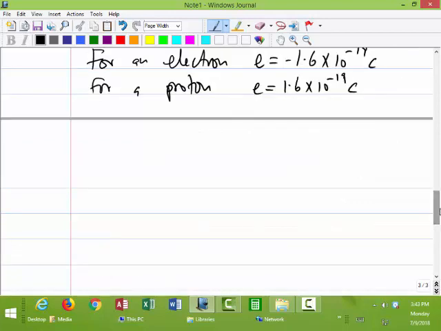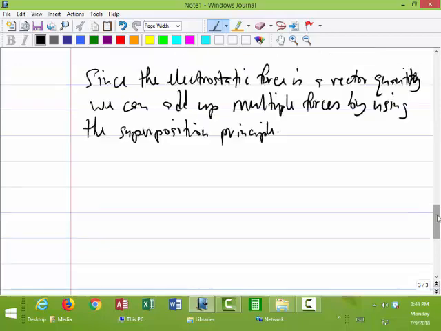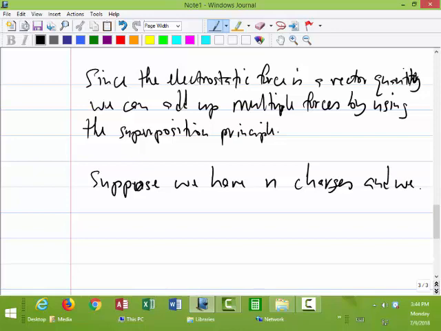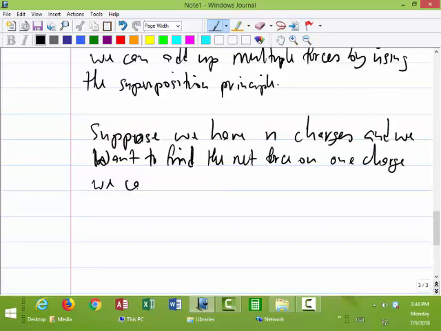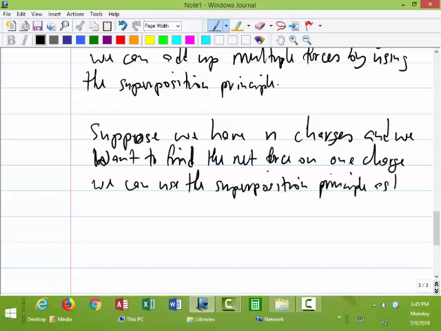Because the electrostatic force is a vector quantity, we can add up multiple forces as follows. Suppose we have multiple charges and we want to find the force on one charge. We can use the superposition principle as below.